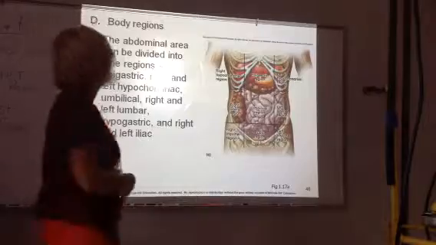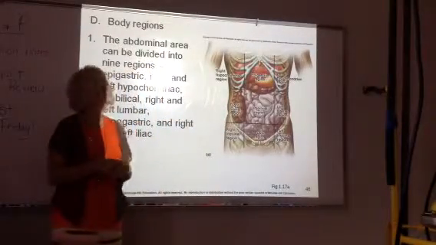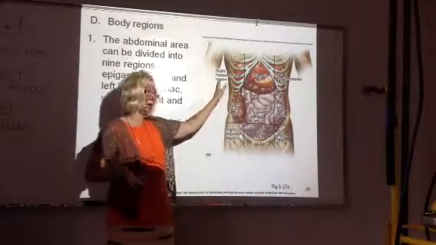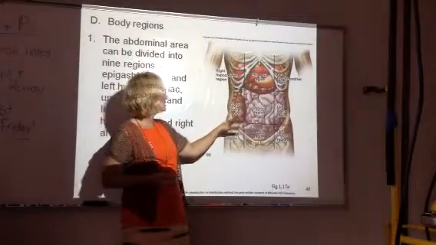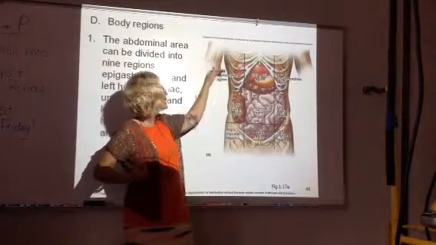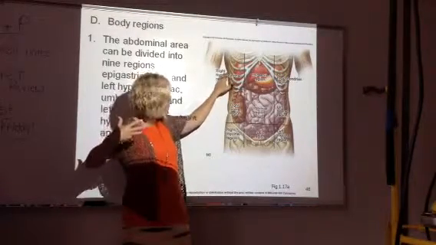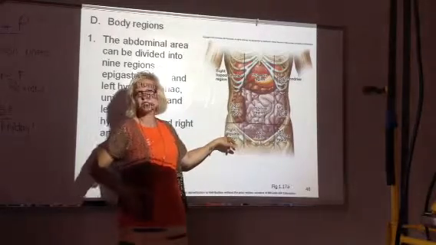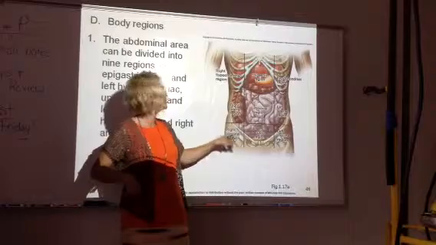And then body regions. This is more probably like in surgeries. So if I look at these, remember everything's backwards. So hypo means above. So here is my right hypochondriac region. So it's right and it's above. Inguinal deals with the groin area. So this is right inguinal region.